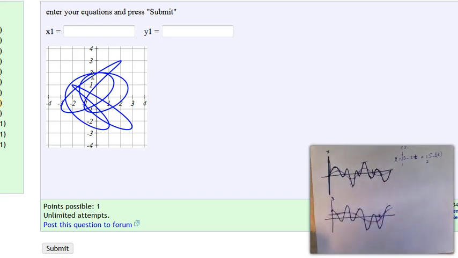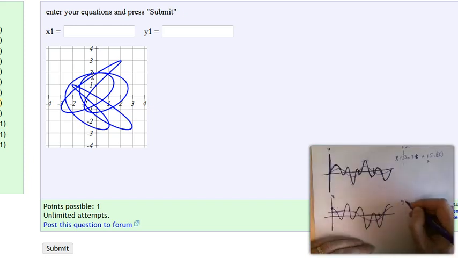It feels weird to me, but it almost looks like a cosine curve. So I'm going to guess y equals cosine of t. Again, I don't know if this is a 1 or a 2.